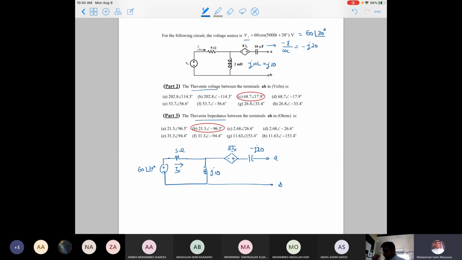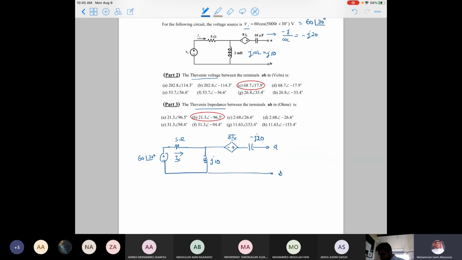Okay. First of all, let's find Thevenin. So Thevenin is VAB. What is VAB?